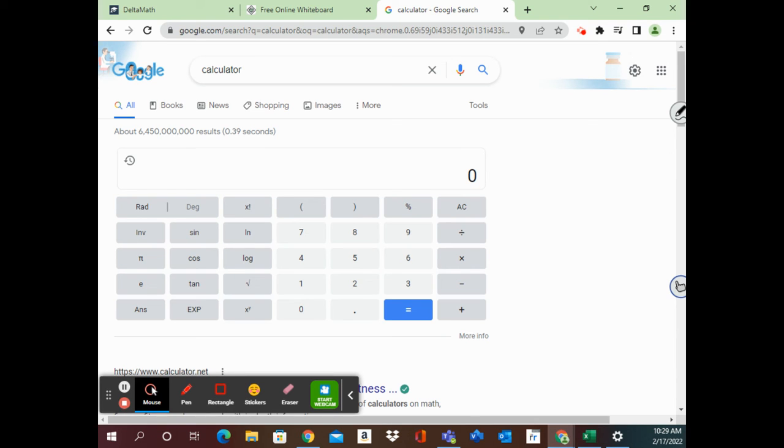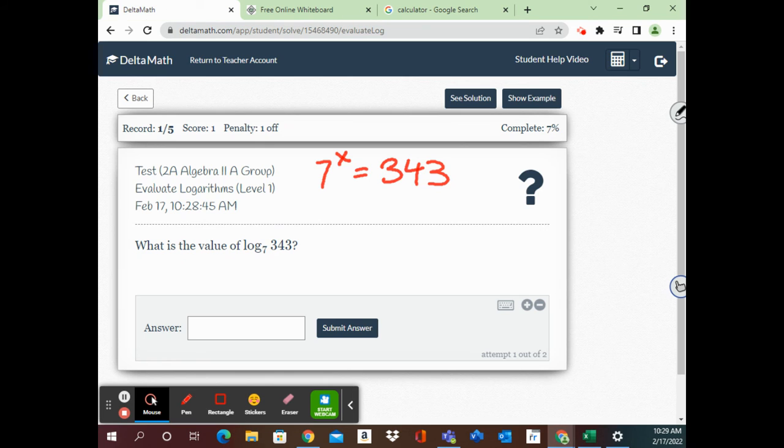I know that 7 times 7 gives me 49, and 49 times 7 gives me 343. So 7 to the third power is equal to 343, which means the answer to this question would be 3.